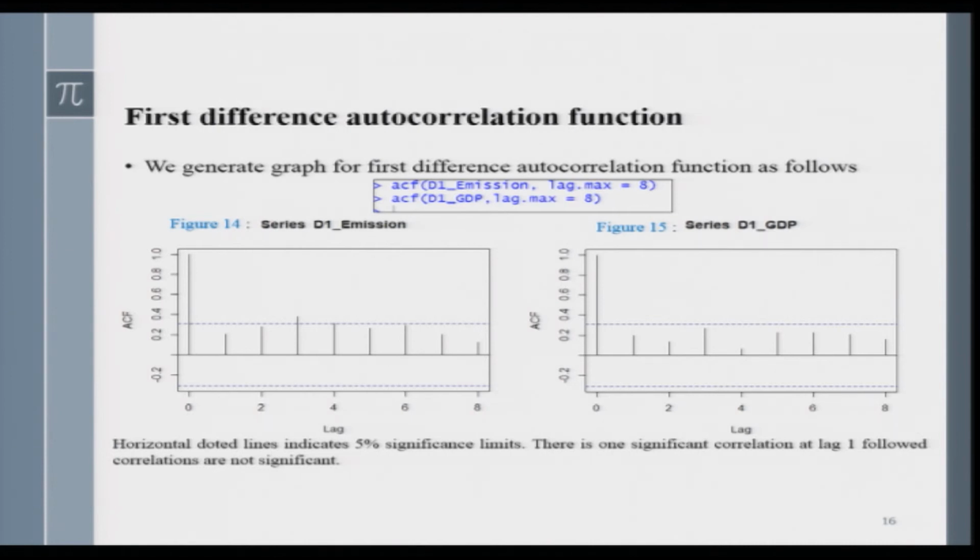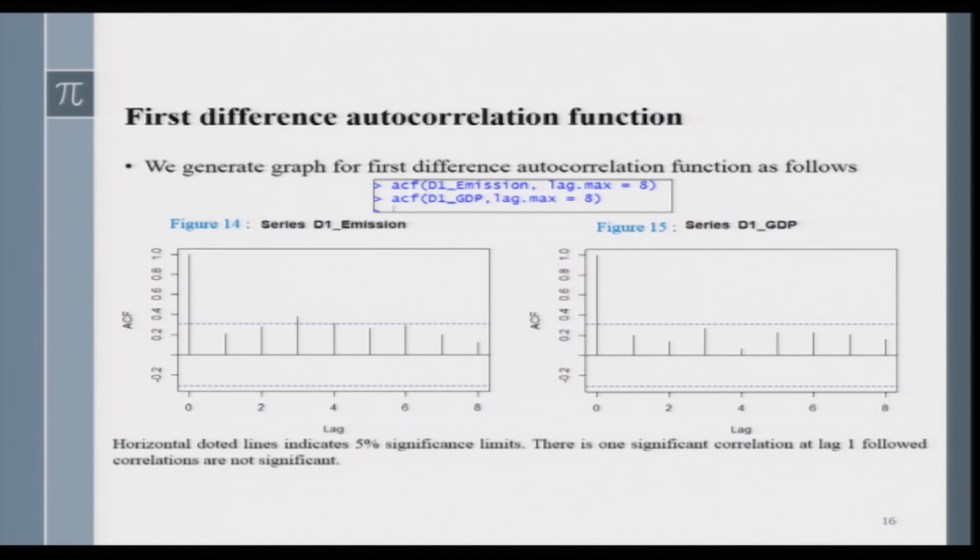So, we have generated the graphs for the first difference variables, defined as D1 underscore emission and D1 underscore GDP. Note that again you have to set some maximum value of lag. So, we are setting that equal to 8 like in the previous graphs, and again the ACFs are showing up.